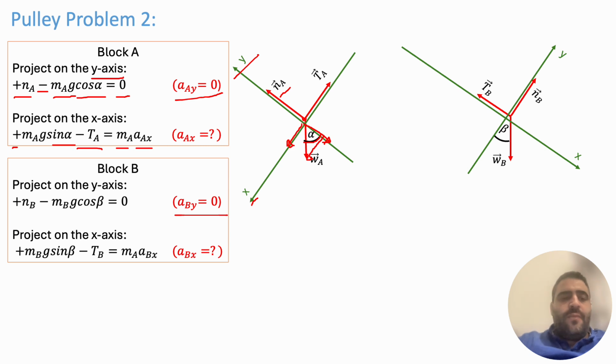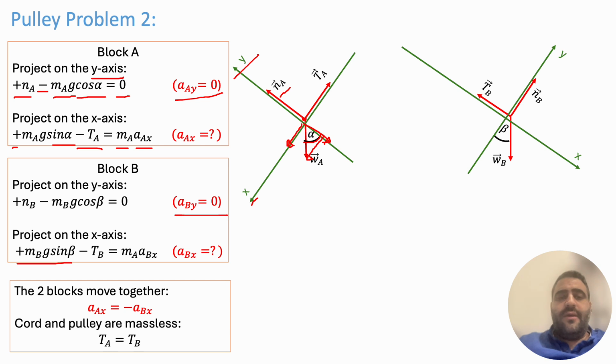It's equal to 0. And on the x-axis, I got plus MBG sine beta, now the angle is beta, minus TB equal to MB ABX. So here we have two useful equations, but there are 4 unknowns. The accelerations of both blocks are unknown, and the tensions TA and TB are unknown. So I need more information to solve for the unknowns.